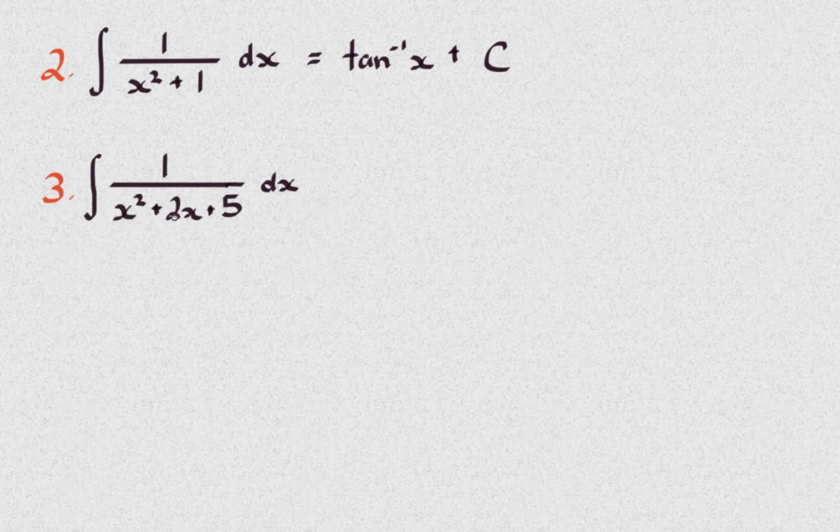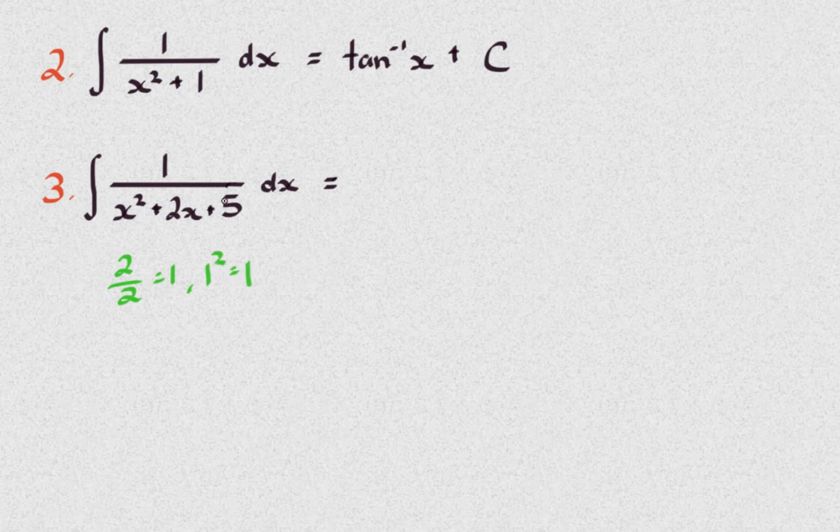So x squared plus 2x plus 5. That quadratic by itself, we can't factorize. So we need to think complete the square. So how do we complete the square? Well, we take this middle term, so to speak, we halve the coefficient. So 2 divided by 2 is 1, and then we square that.